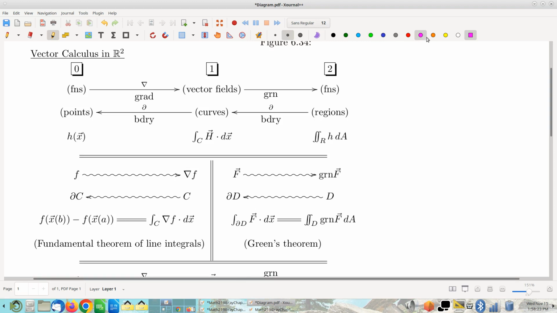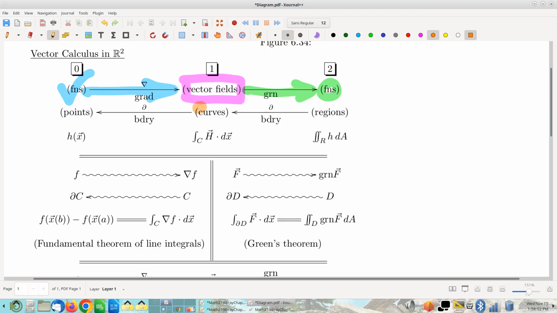Here they are, the special vector fields. They live inside of here. It's not all of these vector fields, but just some of them. Being a gradient of something looks like that. Green's operator is 0 looks like that. And path independence, I have a way of writing it on the diagram that I think is satisfying.